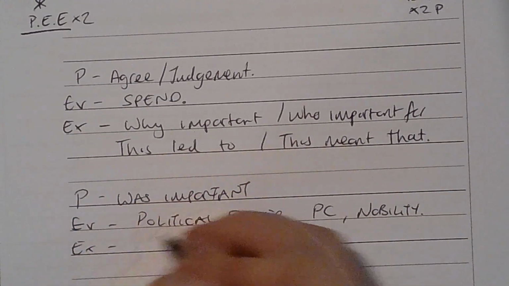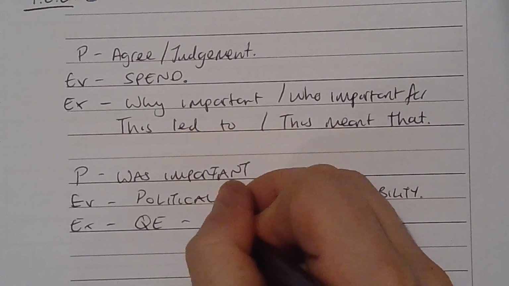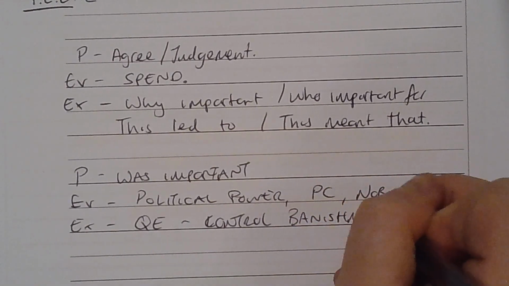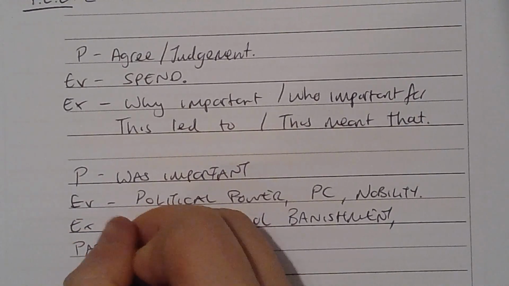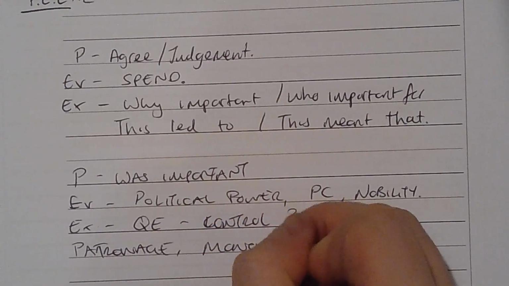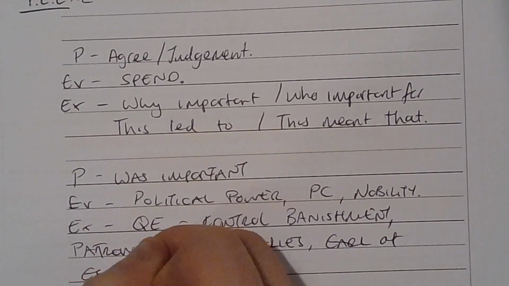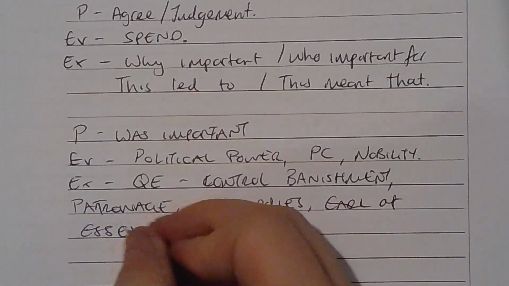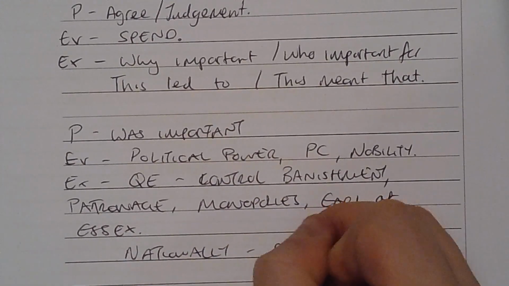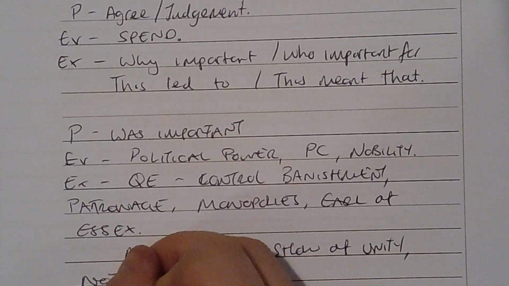I might explain that it was important for Elizabeth because she was able to control them there through banishment, through patronage, through monopolies, again using specific examples such as the Earl of Essex. I would also say that's one person it's important for. You could also say it's important nationally because it's a show of unity. You know, if they weren't there, what would have happened? There could have been a disaster.